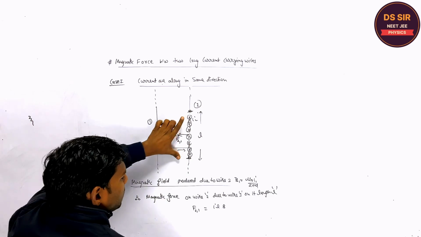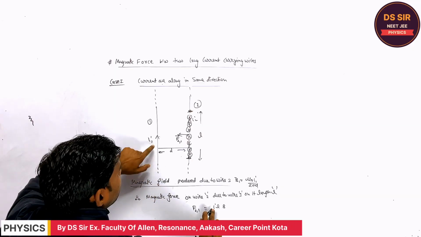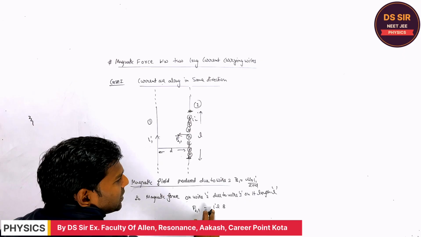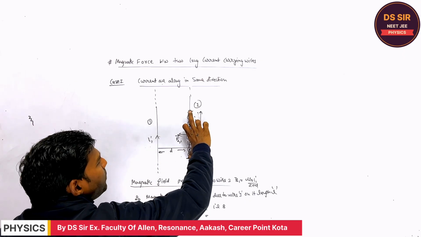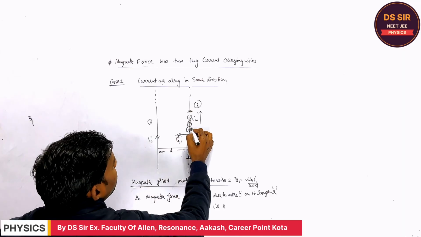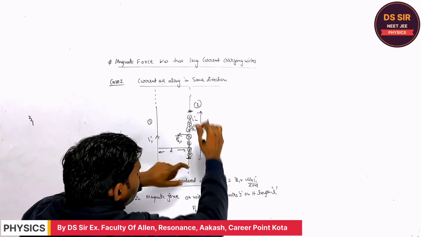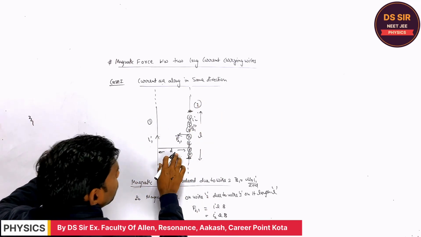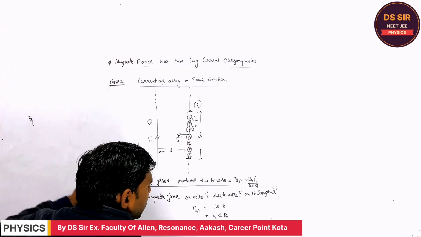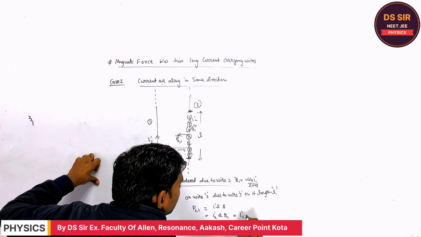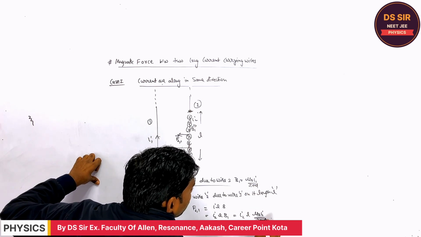Whose current will be written here, I1 or I2? It will be I2, because this is the portion placed in the magnetic field B1, into the board. So it is written as I2 L mu naught I1 upon 2 pi d.